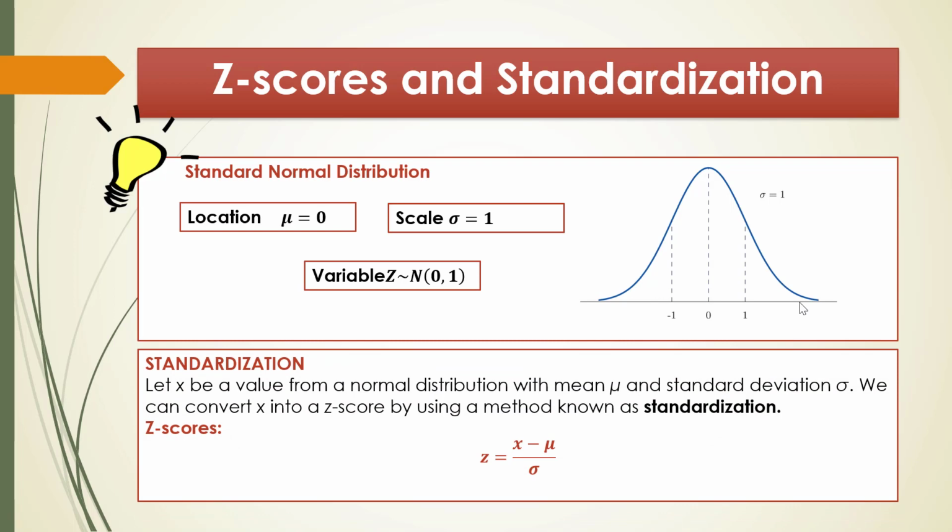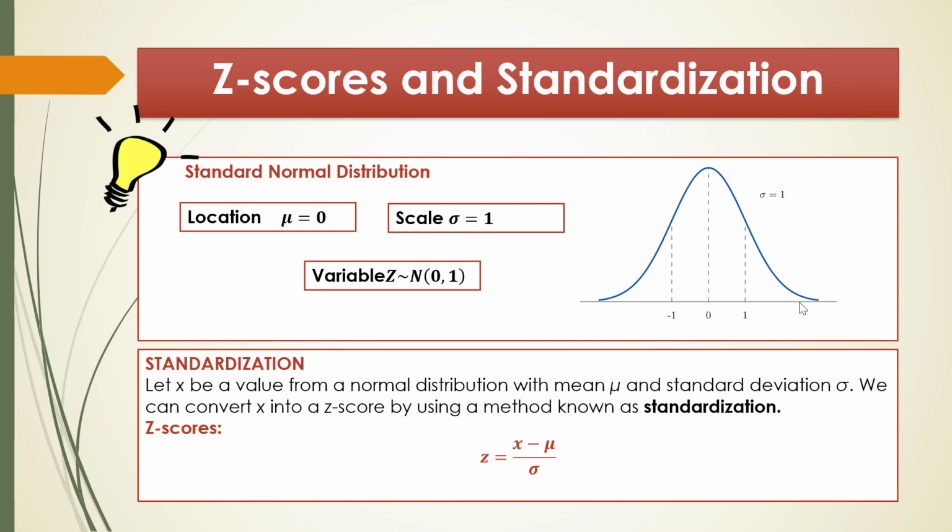When we standardize a general normal distribution into a standard normal distribution, any value x on the original normal curve corresponds to one value z on the standard normal curve. Standardization is basically just making the relation between the value x of the general normal curve and the value z of the standard normal curve.